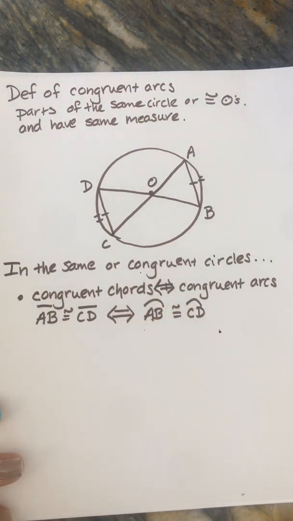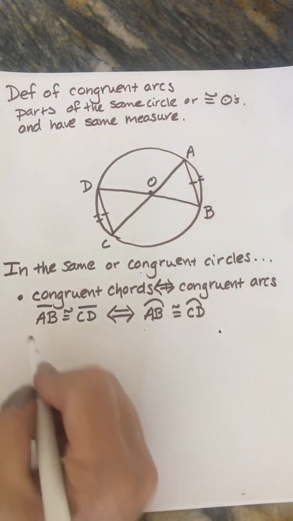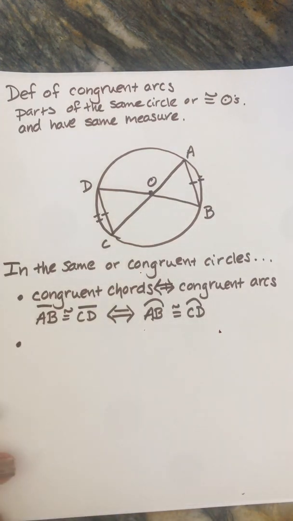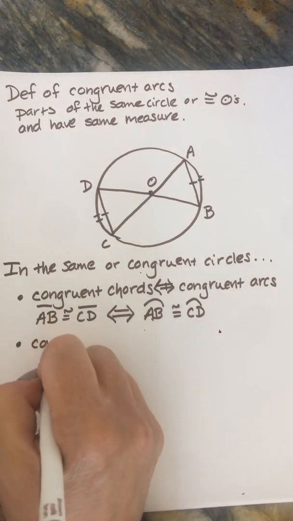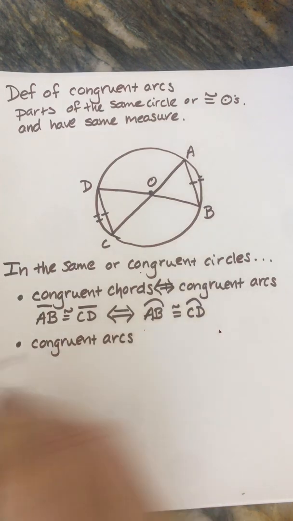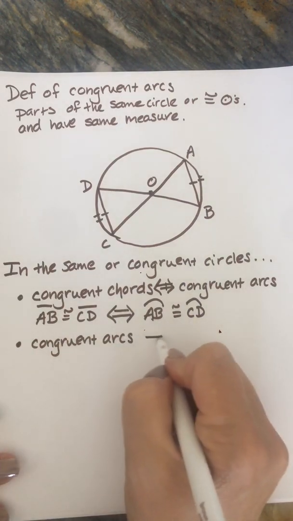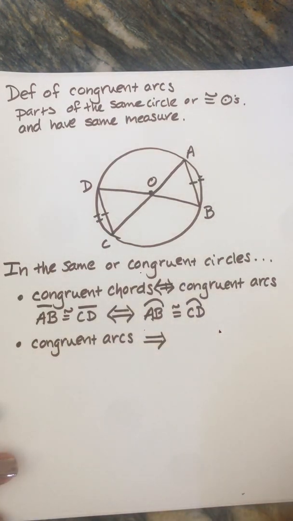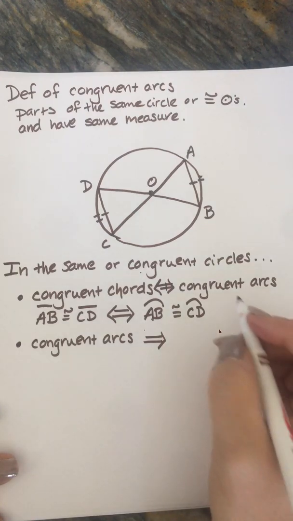So guys, you just knocked out two theorems right there. There's 6 theorems to do today, but you've just done 2 at a time. Let's do another set. If the arcs are congruent, then the central angles are congruent.